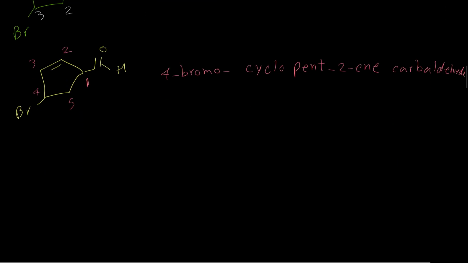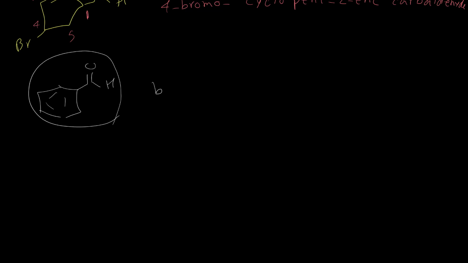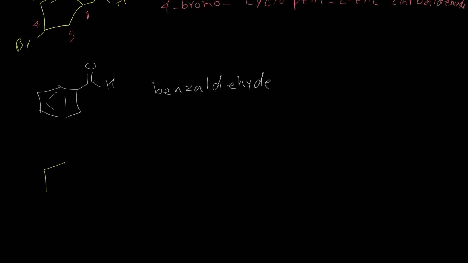And at the end, I would like to also mention how we are going to name aromatic aldehydes. So the name of this compound is benzaldehyde, and we are going to name aromatic compounds based on the benzaldehyde name. So let's say we have this compound and we would like to name it.